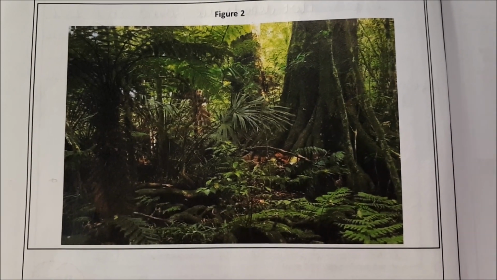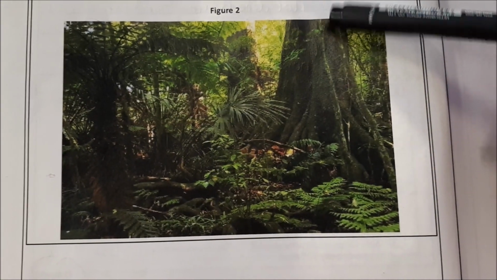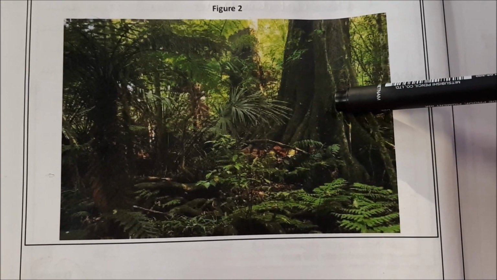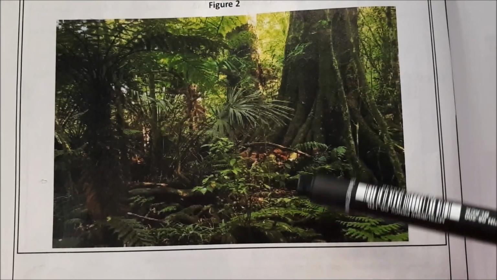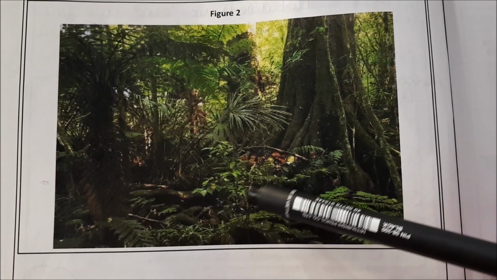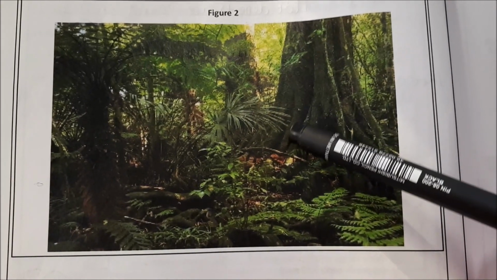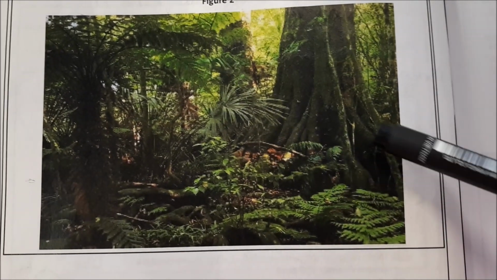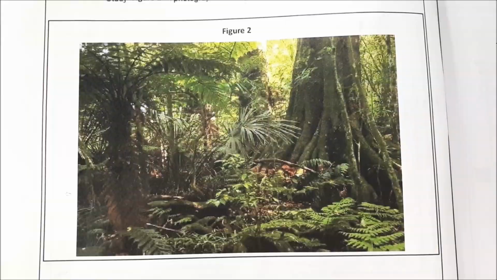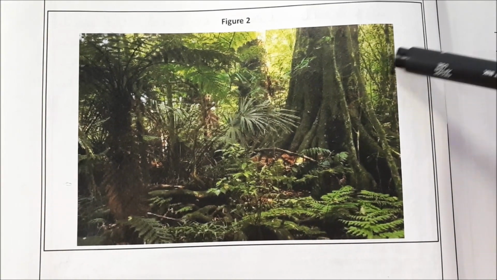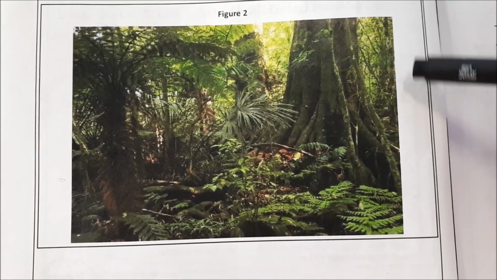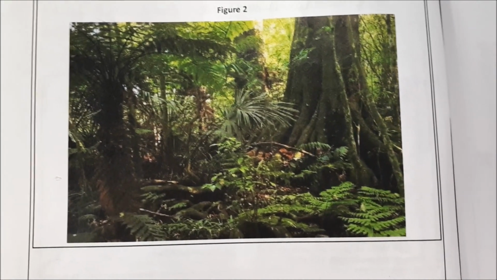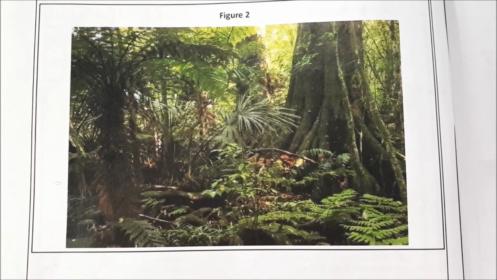So we've got things like very straight trunks. We have got things like waxy leaves. You can see here the buttress roots. You've also got the lianas climbing up the straight tree trunks so that they too can get to the top for sunlight.